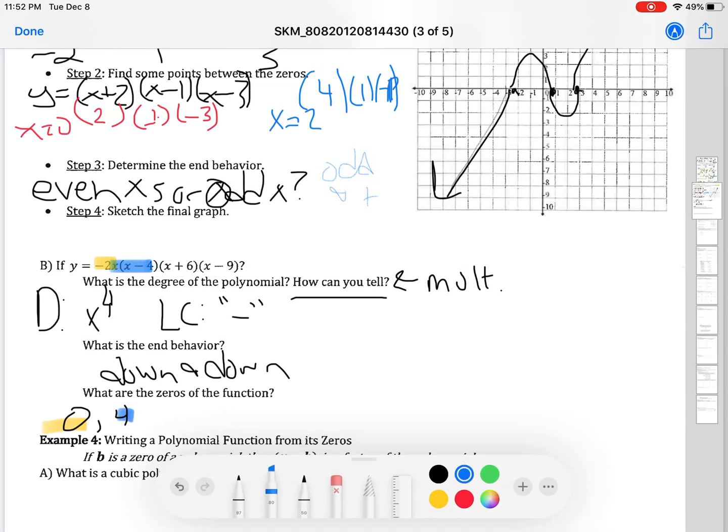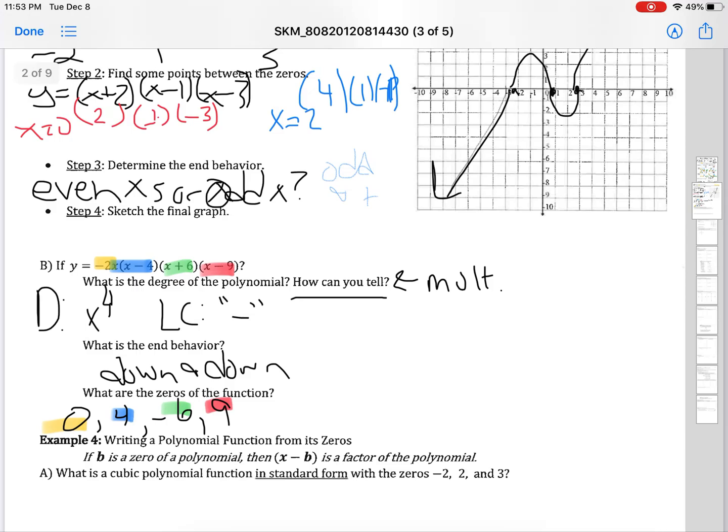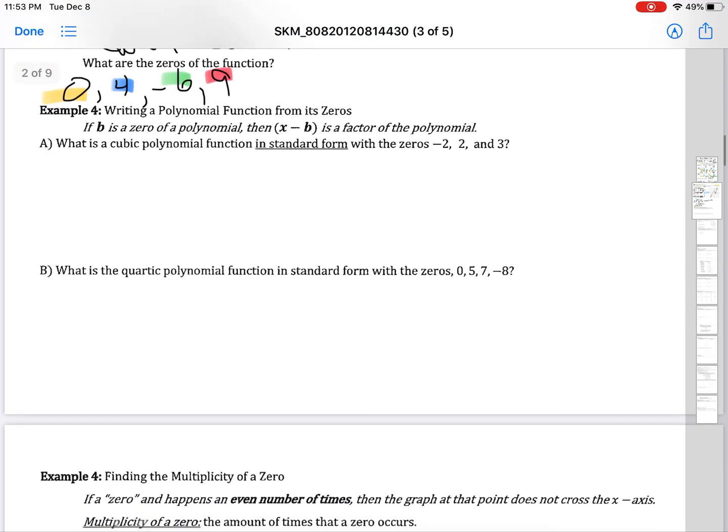X minus 4 is just a 4. Next one is -6. And again, that comes from this one right here. Just a -6. And last but definitely not least, 9. And that comes from this expression right there. Okay, so those are the 4 zeros that we would have for that problem.